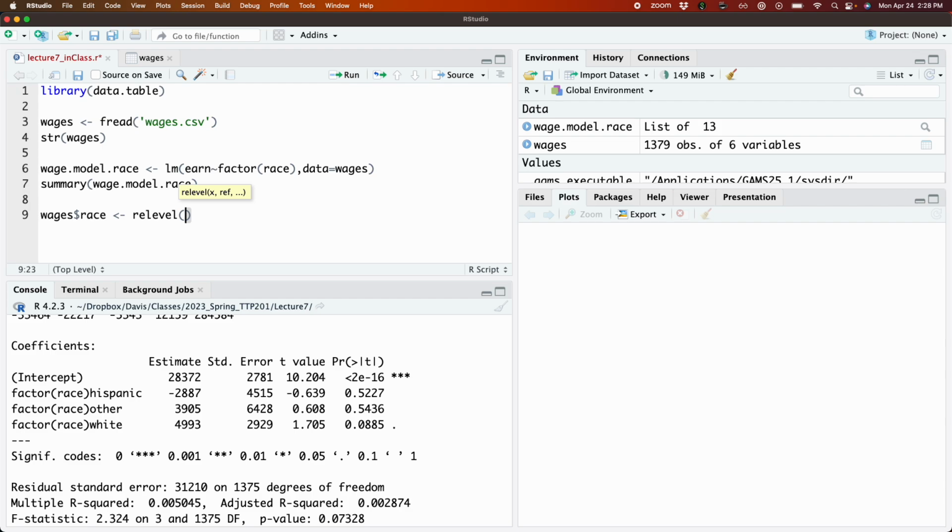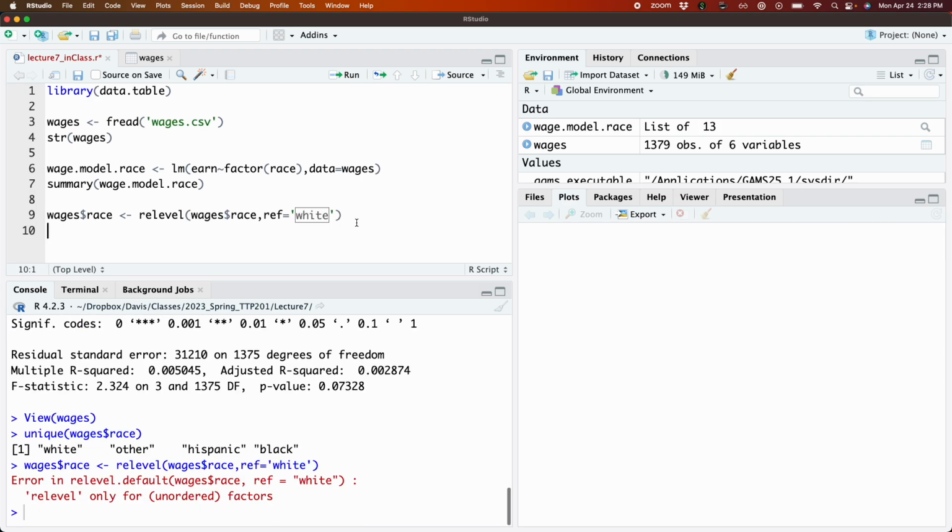They have levels that set the order in which they are, and the default order is just alphabetical. And if I wanted to change that, I can do something like this, where I would change the reference level to another race.